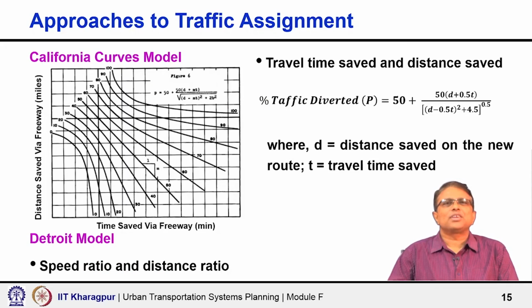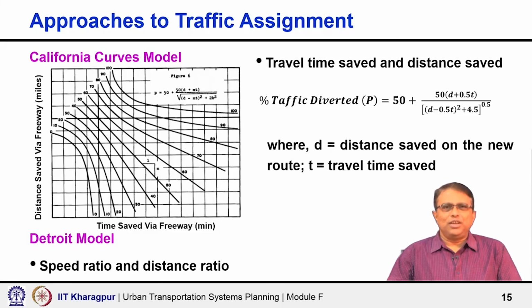Now, one such diversion curve model I have mentioned here is the California curves model, which actually uses time saved and distance saved both. So, on the x axis, if we travel by a freeway, an access controlled road, you select what is the time saved vis-a-vis what is the distance saved.